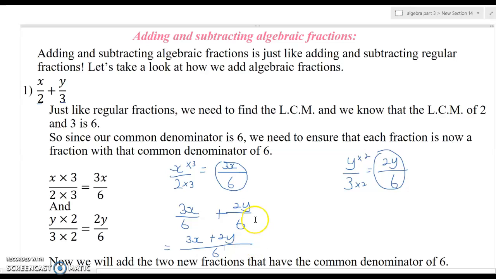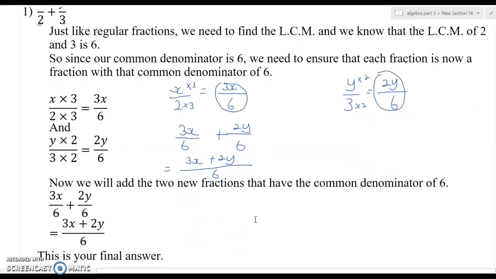So you just leave the final answer like that, 3x plus 2y all over 6. Again, just treat these algebraic fractions like regular fractions. Don't panic when you see them, right?